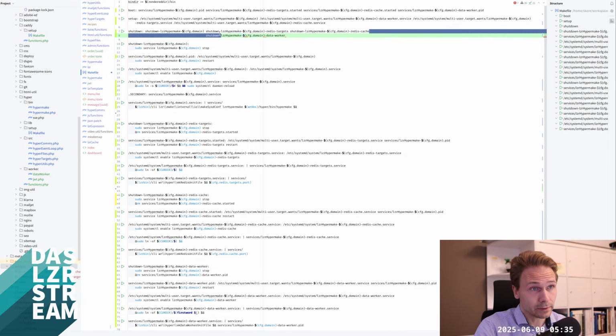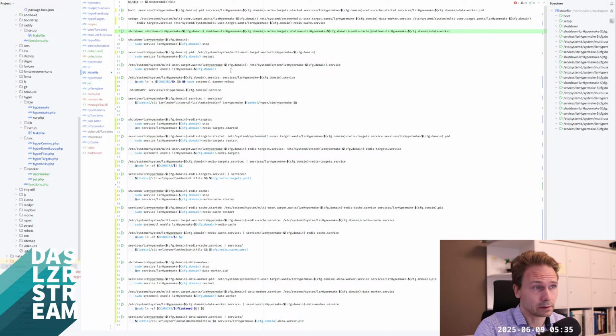We didn't need this before because before we only had the Hypermake daemon running. The rest, there was no rest. There was nothing there. It did not happen. And technically, we also start the caddy workers, but these are handled by caddy, so that's fine. But caddy itself should also depend on Hypermake.